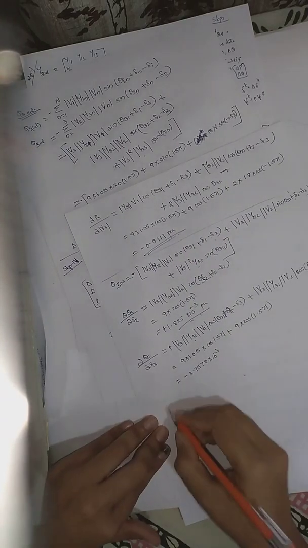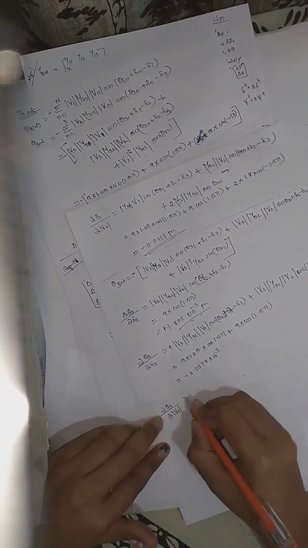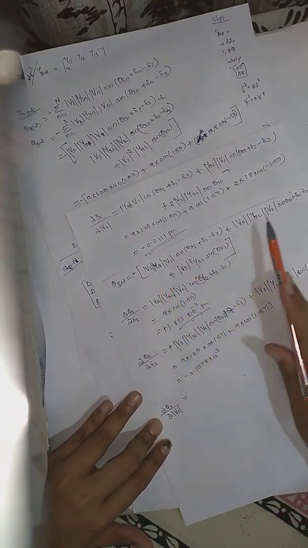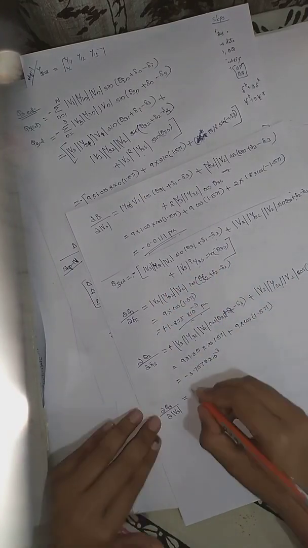Next, what we have to find out is ∂Q3/∂V3 value. V3 value is here, here and here. So now I am differentiating it with V3.